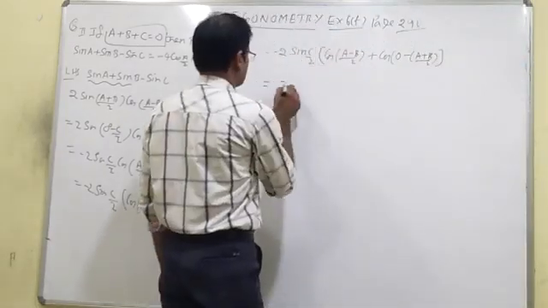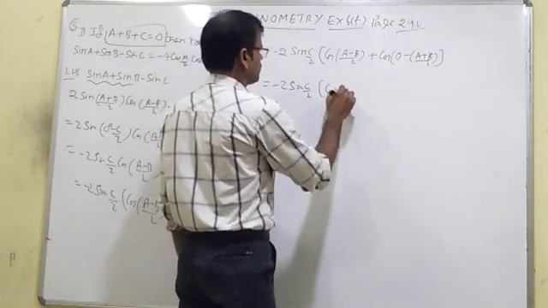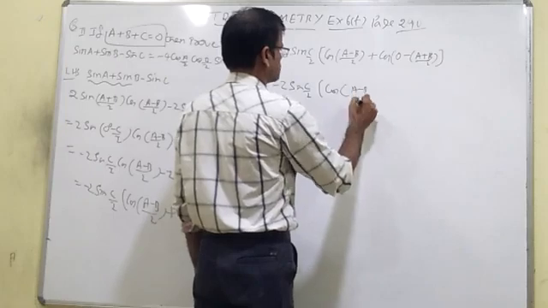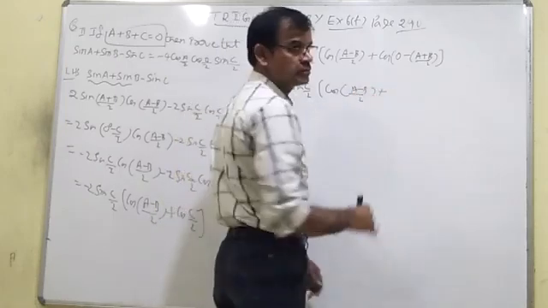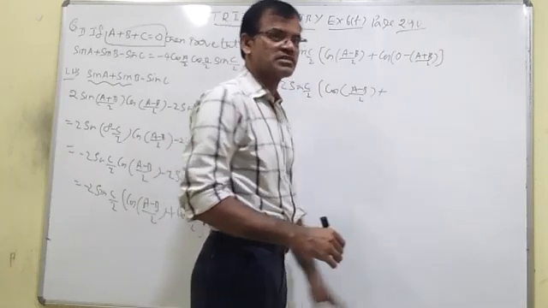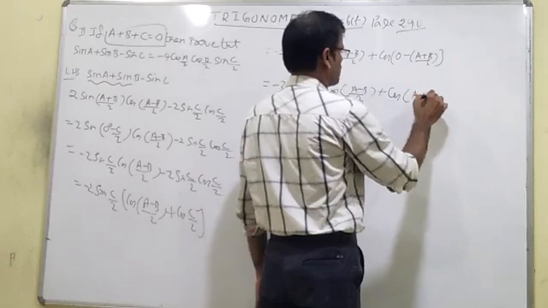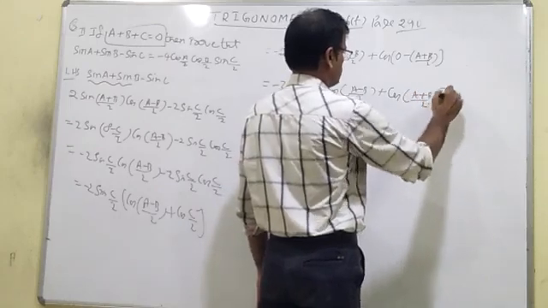That is equal to minus 2 sin C by 2 into cos of A minus B by 2 plus, there is no minus for cos of minus, it is always cos. So cos of A minus B by 2 plus cos of A plus B by 2.